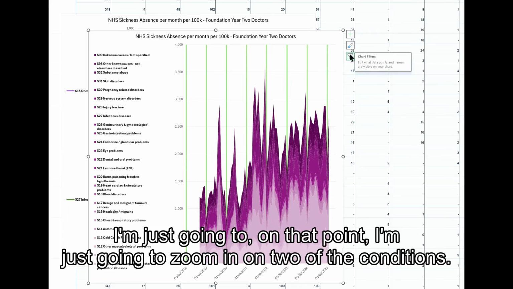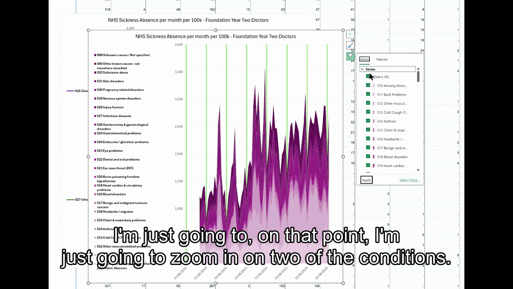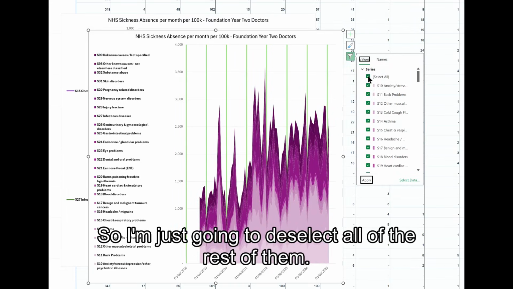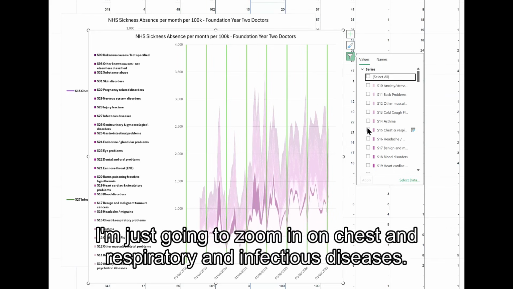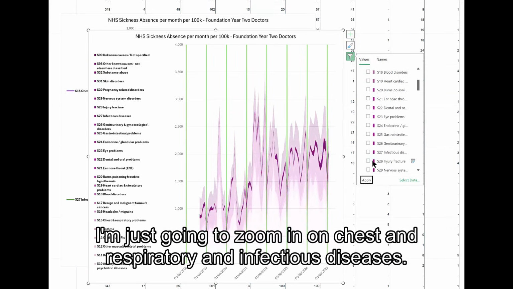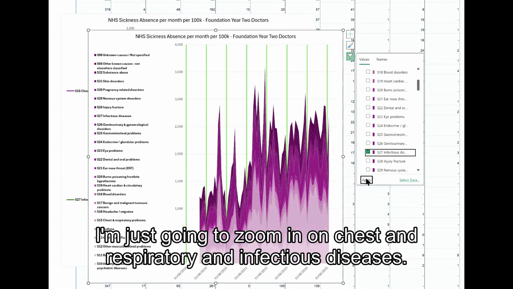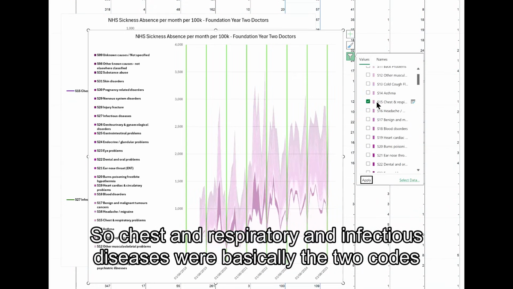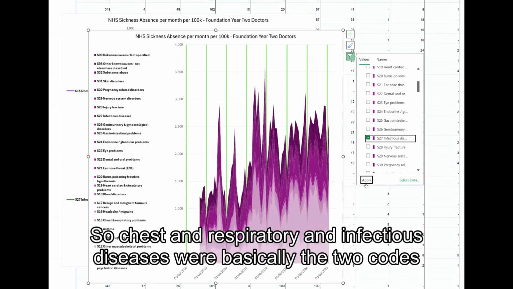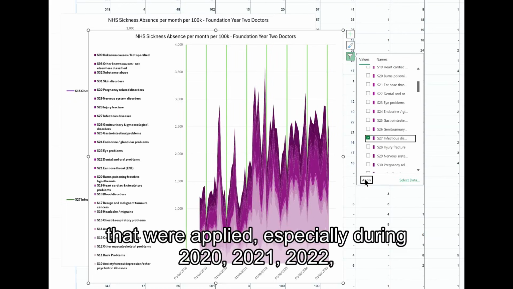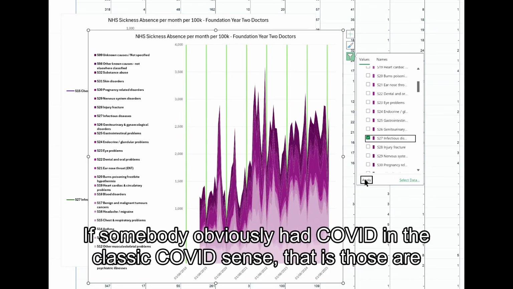I'm just going to zoom in on 2 of the conditions, so I'm going to deselect all of the rest of them. I'm going to zoom in on chest and respiratory and infectious diseases. These were basically the 2 codes that were applied, especially during 2020, 2021, 2022, if somebody obviously had COVID in the classic COVID sense.